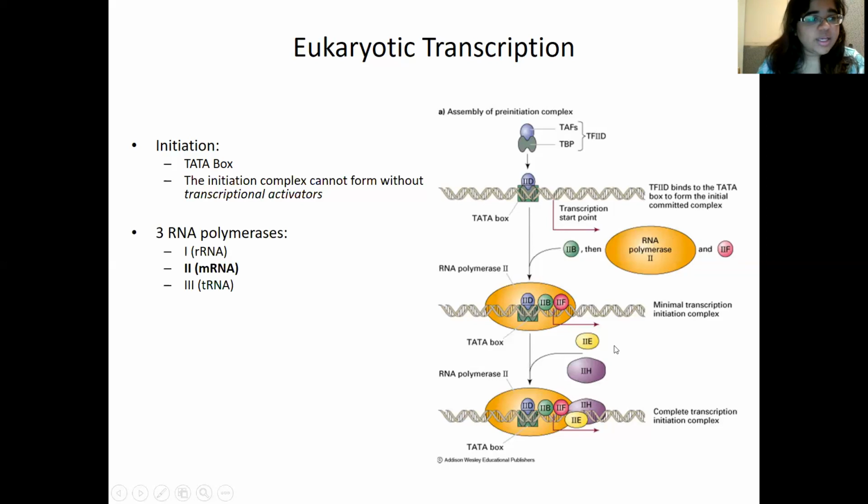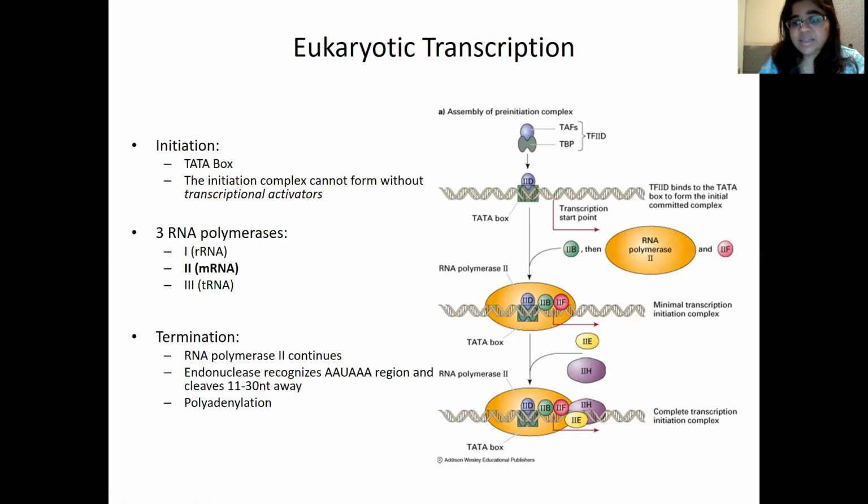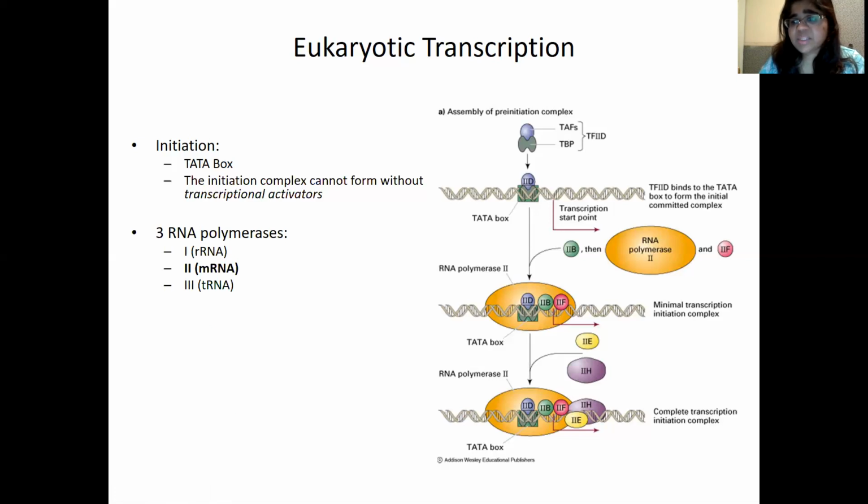There are 3 types of RNA polymerases. In transcription, we start off with RNA polymerase 2, okay? So once the RNA polymerase starts, it continues on adding nucleotides and all that good stuff.